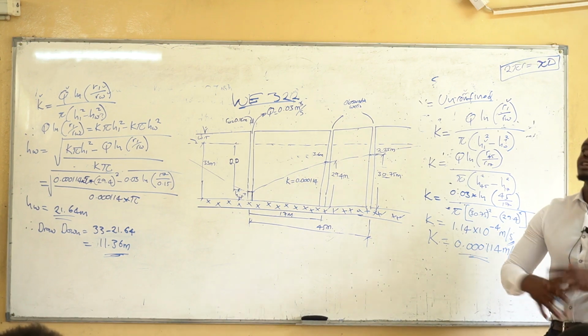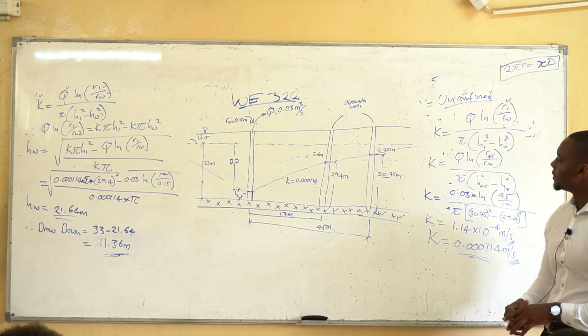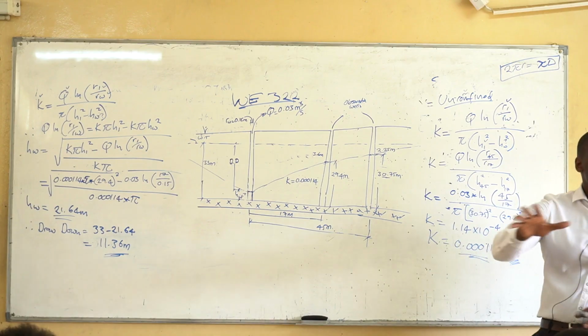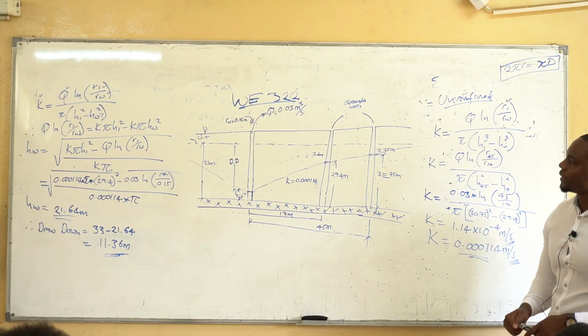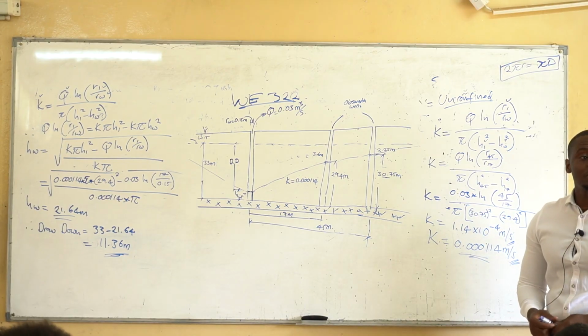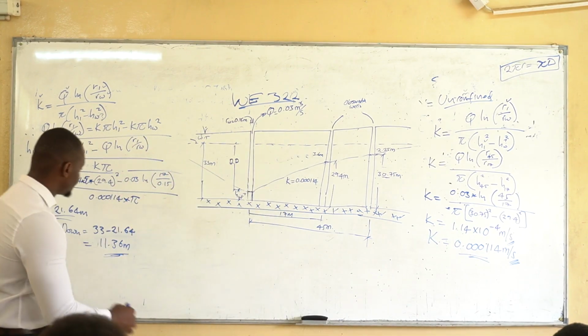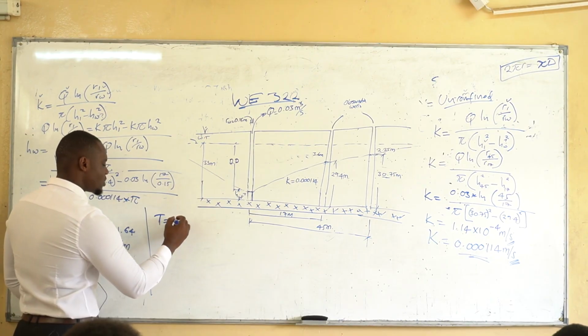Ideally, this is the extreme of this topic we can ever find. But from here, again, I know the question didn't say, you can equally be asked to find the transmissivity. We talked about that, not so? How did we define transmissivity? What was the formula? Transmissivity is equal to what?